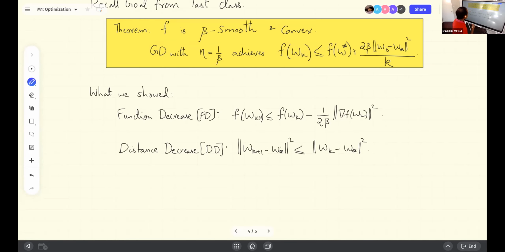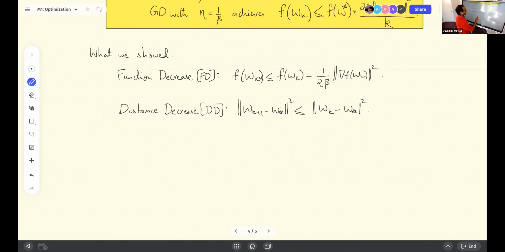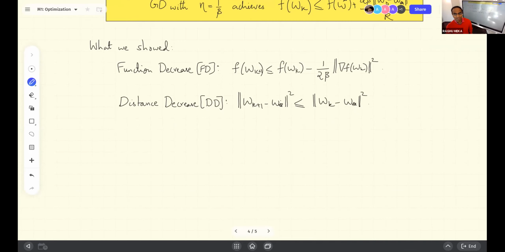The second bound, distance decrease, was more specific to convexity and says that not only does the function value decrease, your algorithm actually makes progress towards converging to a global optimum solution. Decreasing the function value doesn't mean you're actually approaching the optimum, because you might just be stuck somewhere else. But this is saying you're making some progress towards the actual optimizer.